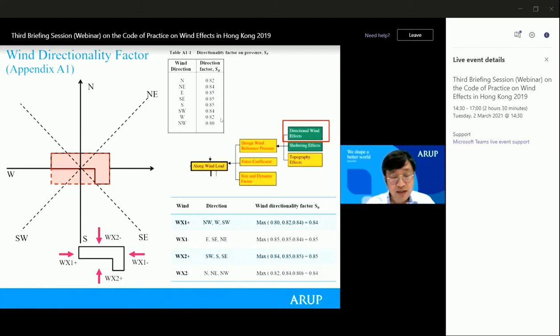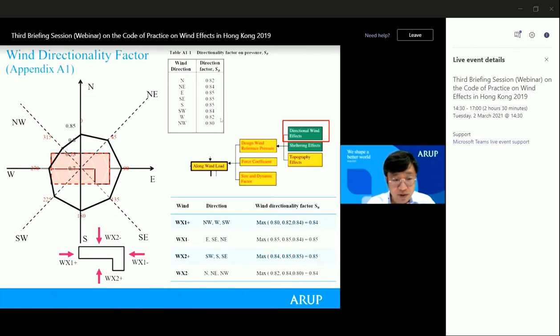So first we consider the directionality. In Table A1/1 of Appendix A of the 2019 code, the directionality factors for the 8 key directions have been provided. So we just plot them, and for any further directions falling between the 2 nearby key directions, we just do interpolation.